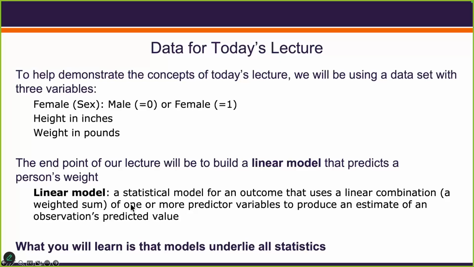A linear model, the way I use that term, is a statistical model for an outcome that uses a linear combination, which is the sum of beta weights times regression predictors of one or more predictor variables, to produce an estimate of an observation's predicted value. Why this is showing up here is that I really wanted to establish that models underlie all statistics, right?